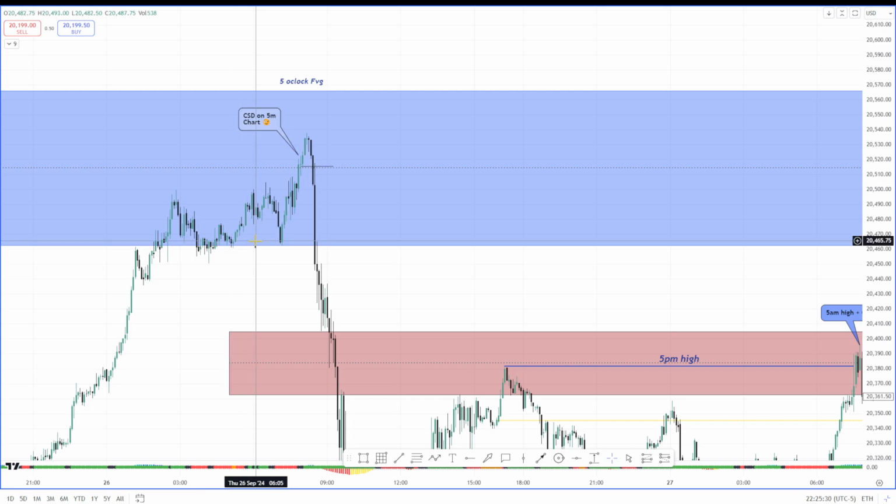We have a small manipulation down into a very small imbalance. Price runs up, creates equal highs, rebalances a fair value gap, takes out the highs, rebalances the imbalance, and then moves towards 50% of this fair value gap.